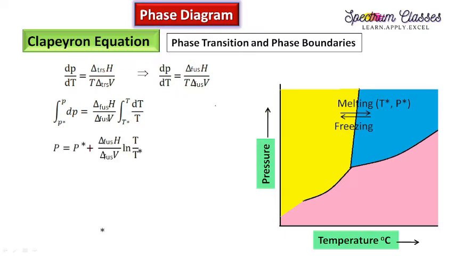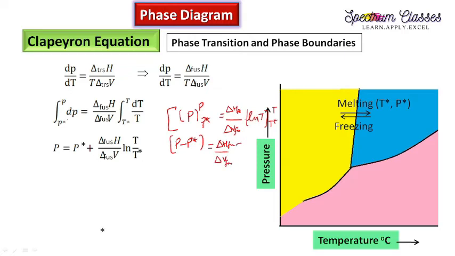Now on solving this integral, for dP we have P star to P, is equal to delta H of fusion upon delta V of fusion, and the integral of 1 upon T is ln T, applying the limits T star to T. On putting these values, we get P minus P star, upper limit minus lower limit, is equal to delta H of fusion upon delta V of fusion times ln T minus ln T star.